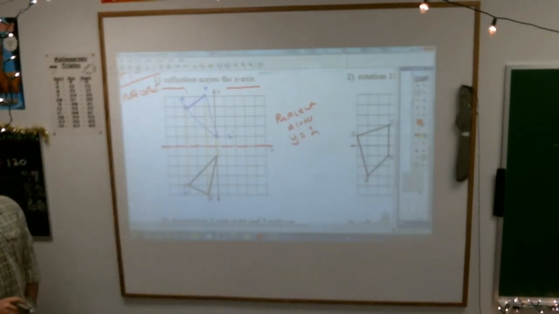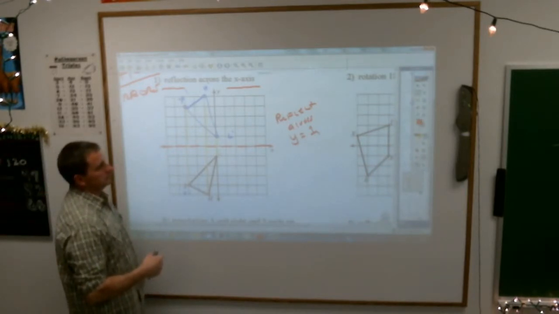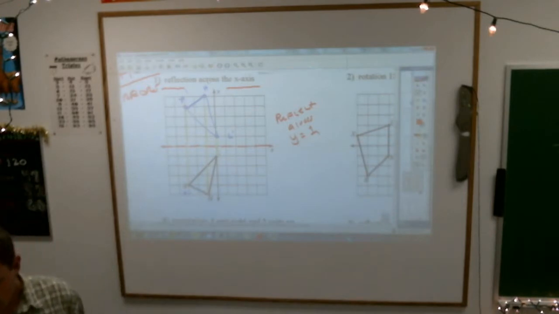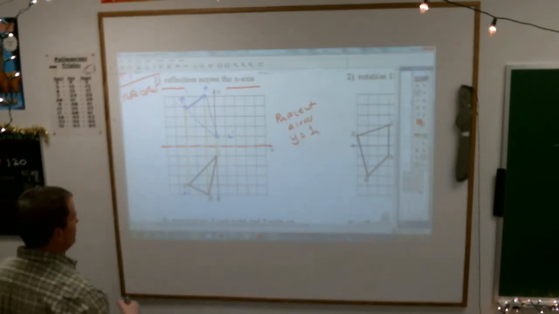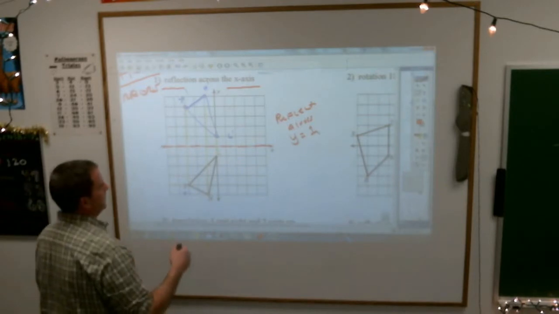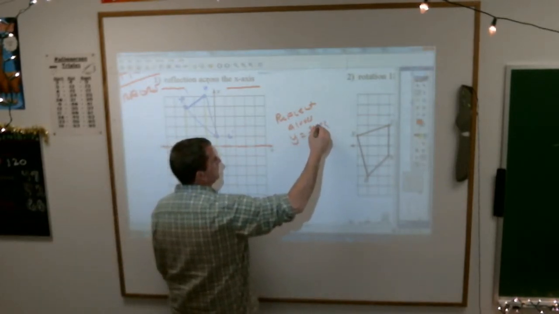If I said to reflect it across where y equals 1, okay, well, no, I'd actually have to say that, I'm sorry. Well, let's just say across the y-axis. Let's not confuse you too far here.